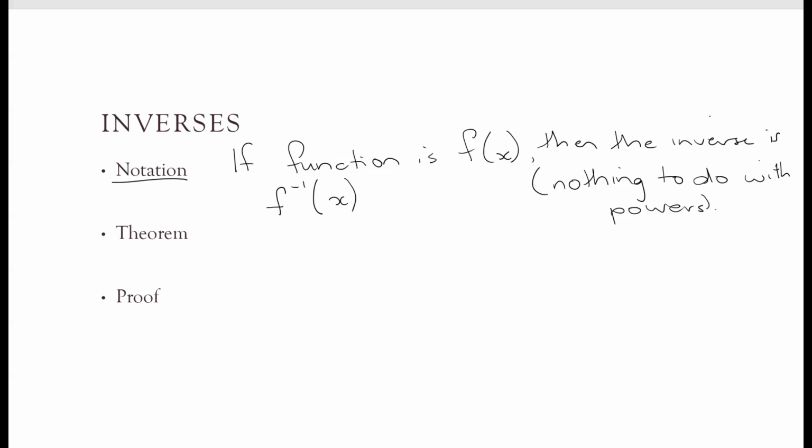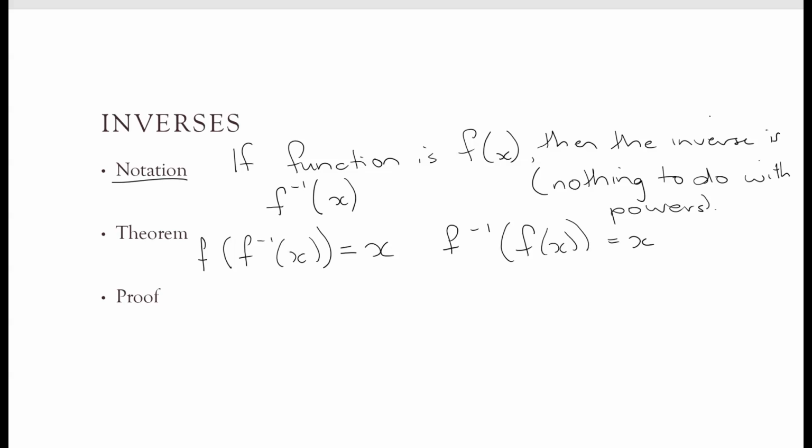And the theorem says that if you take the function on the inverse, you're going to end up with where you started from, which makes sense. You add 3, then you take off 3, you're back where you started from. And similarly, if you take the inverse of the function, you start back where you were.